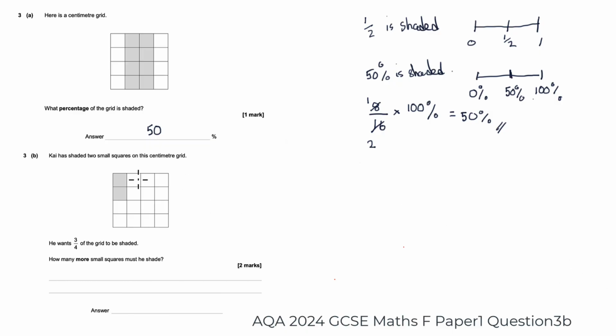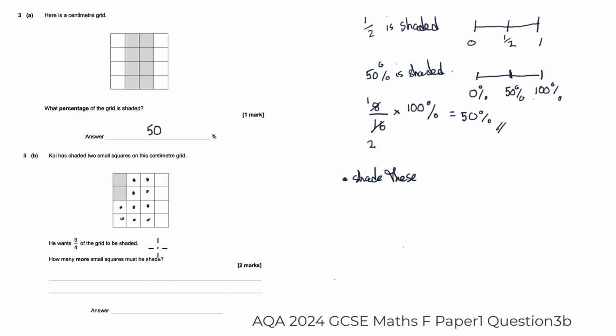So what we can do is shade in these squares that I need to shade in. And once I've shaded all these squares with a dot in it, I'll have shaded 3/4 of the grid.